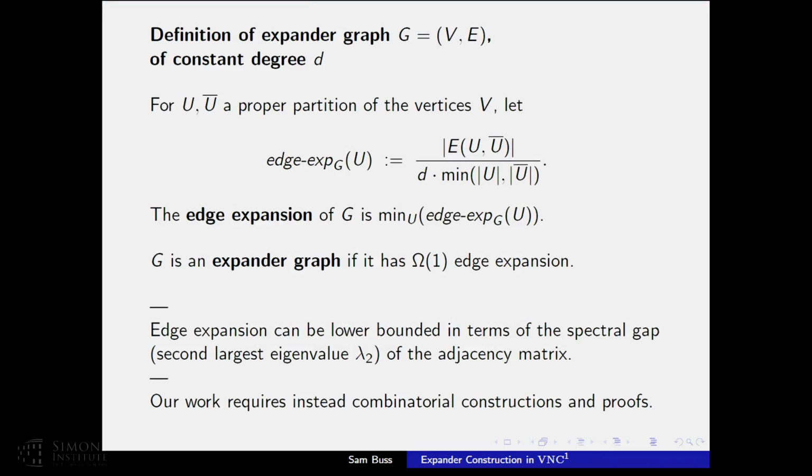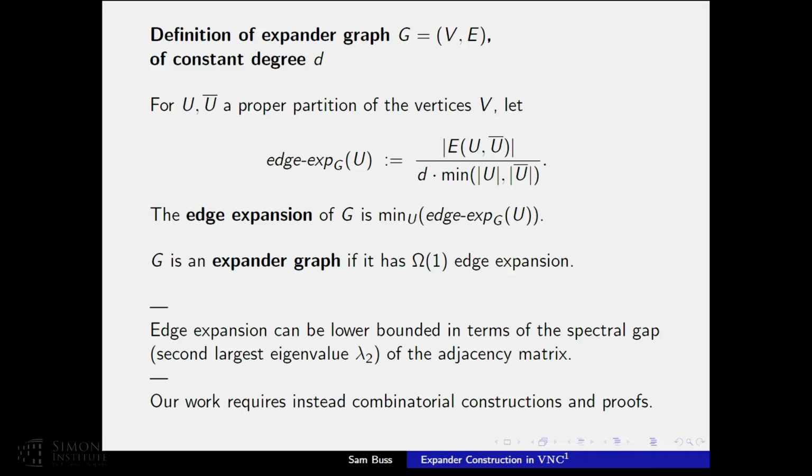Okay, so the definitions. Here I've got a constant degree D for my graphs, and an expansion property is what's given here. We say the edge expansion is: you take a subset U and its complement U bar. It should be a proper partition of the set of vertices.